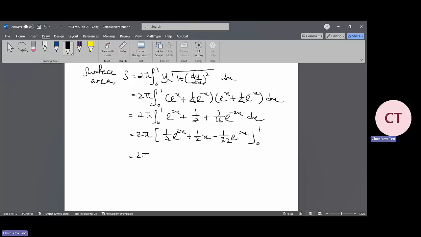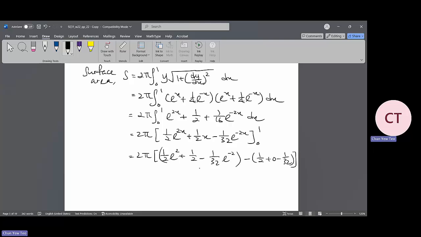So just replace the value, then you are done. Okay, so over here, just replace: e² plus 1 minus the 1 over 32 e^(-2), minus the half plus 0 minus 1 over 32.